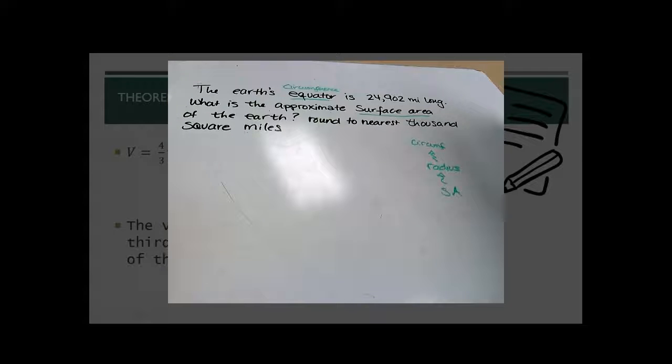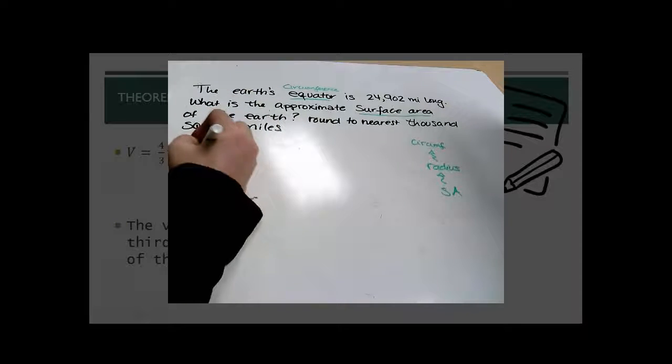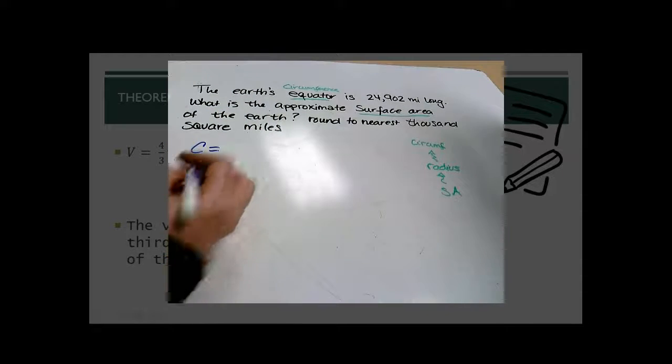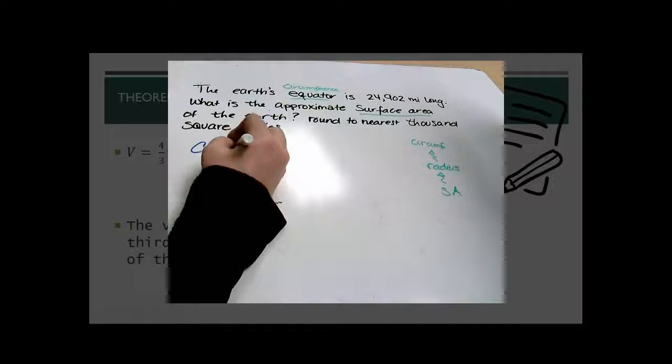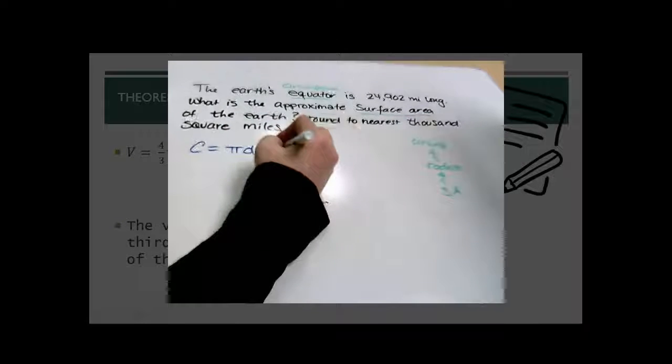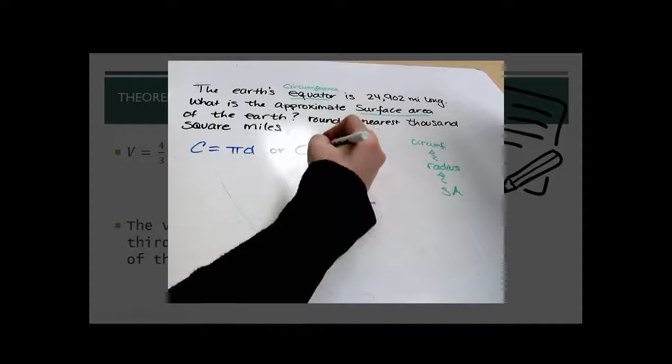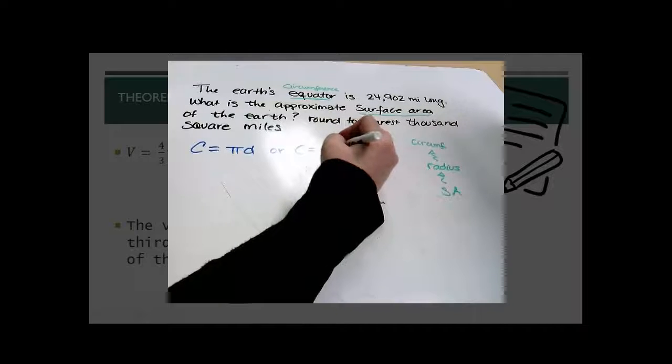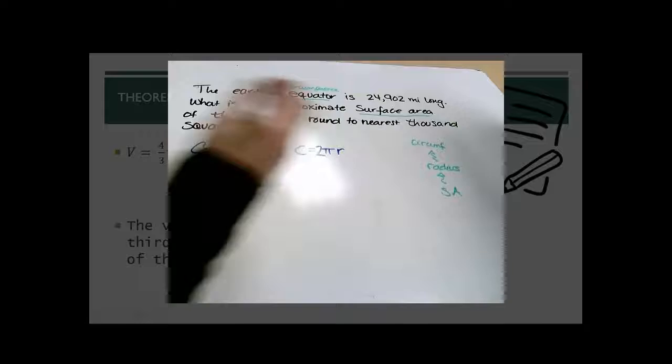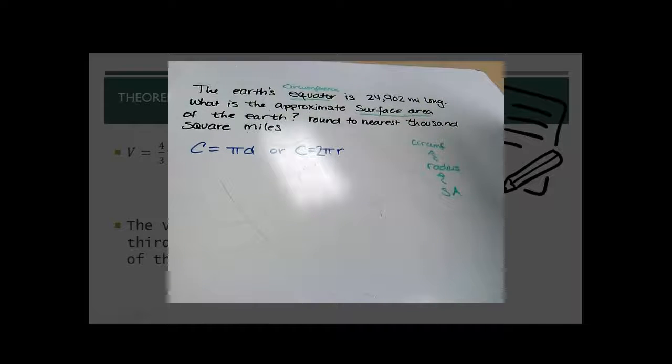That should take you back to a few equations from the last units. So first, when we know circumference, that should bring back our formula of circumference equals pi times diameter, or circumference equals pi times the radius times 2. And that will give us the same as the diameter.